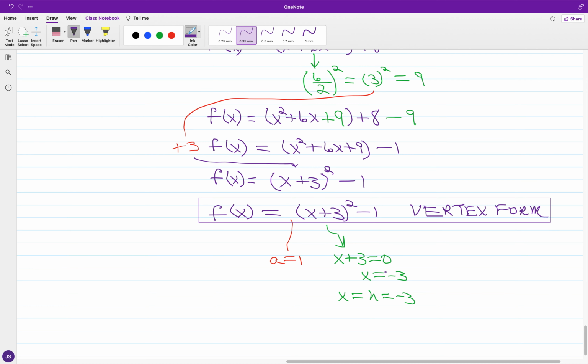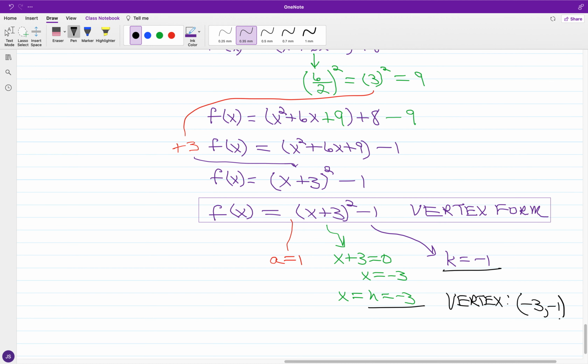And for the k value, we have that k is equal to negative 1. So you have h is equal to negative 3, and k is equal to negative 1. And so it's going to follow that for the vertex, we'll have the ordered pair, which is going to be negative 3, negative 1.